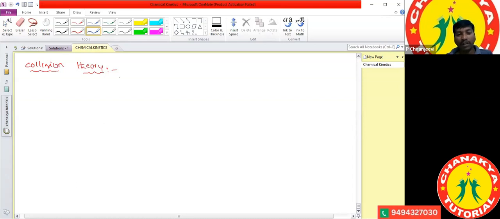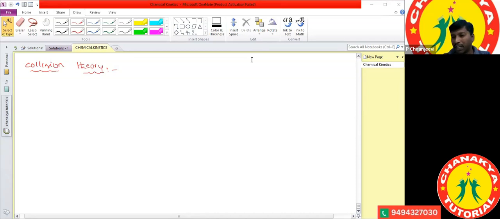Sir, what is meant by the collision? First of all, anyone of you? What is meant by the collision? Sai Akshit, Khyati, what is meant by the collision? Where did we get this concept?